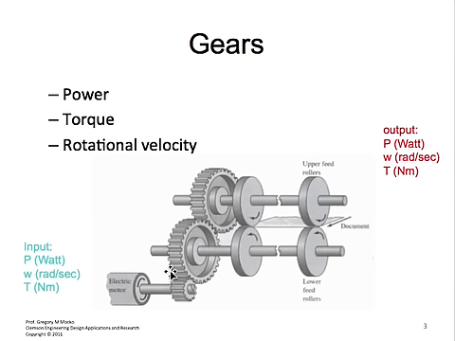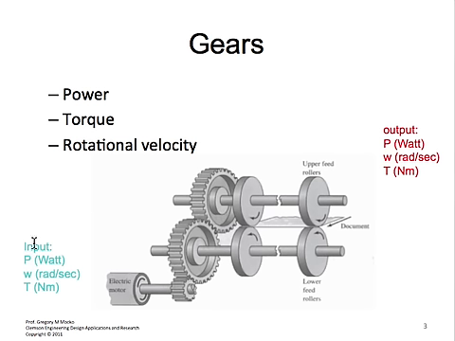And that electric motor is transferring power from this pinion to a mating gear, which is going to rotate on this shaft, and that gear is transmitting power to this other gear on this shaft. So the primary purpose of gears is to transmit power.